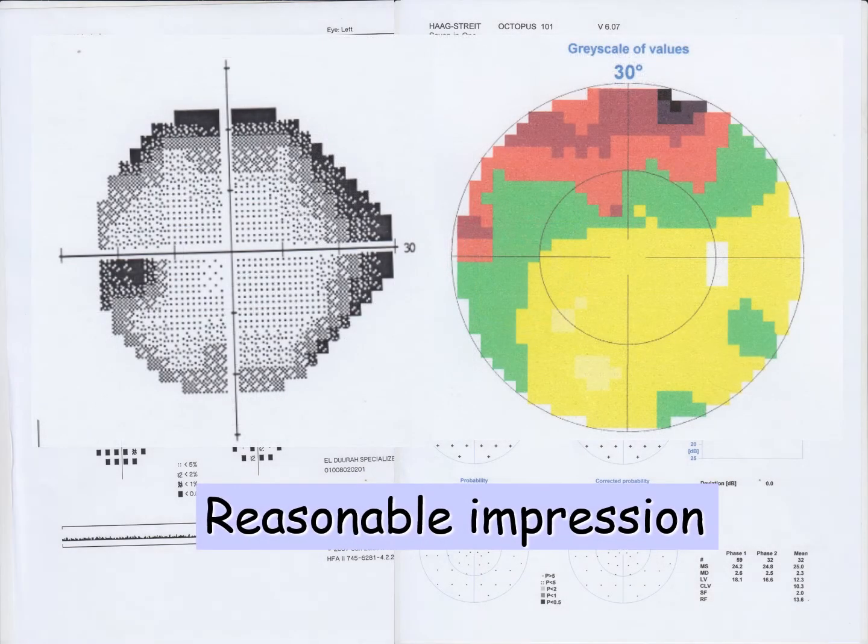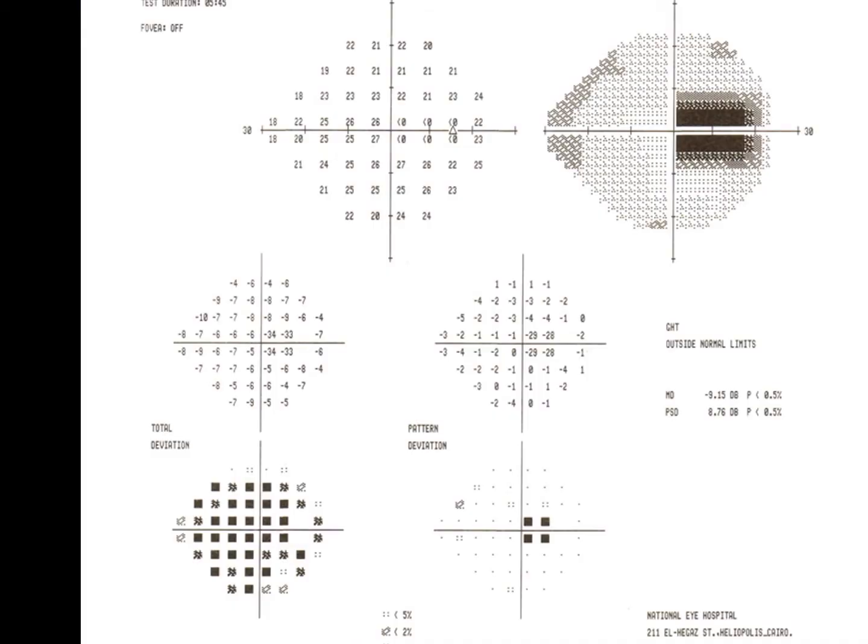We can use this grayscale to explain to the patient what we want. Notice here that the grayscale gives us an impression as if there is an upper arcuate scotoma and there is a nasal step. But if you check here in the pattern deviation, such things are not seen.